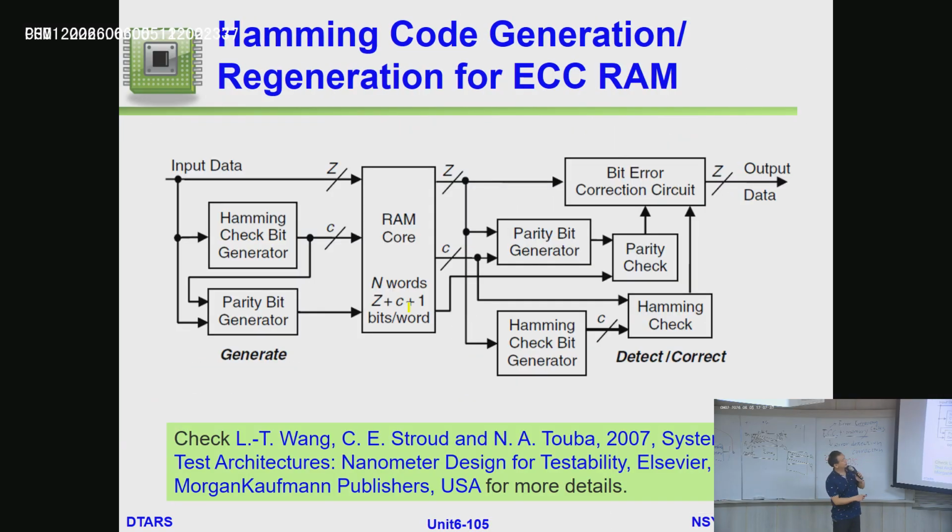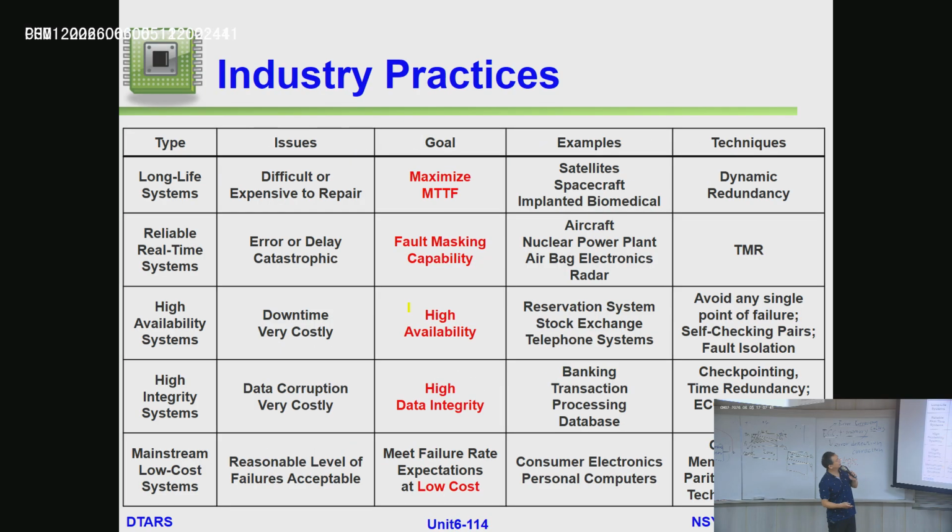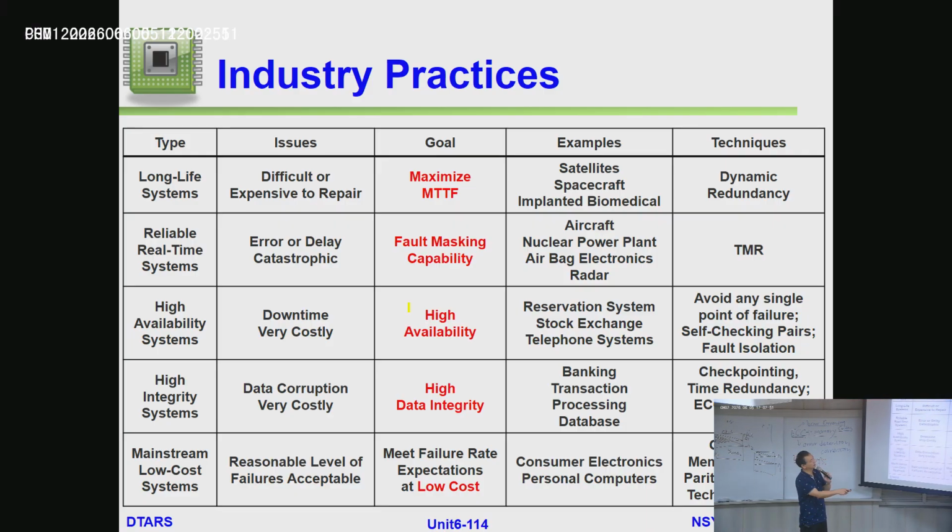Okay, so here just for your reference. And finally, it is this table. I encourage you to look at the table here. It just tells you that depending on the applications and your goal, you should select different appropriate methods. So for some applications, we need to maximize MTTF.